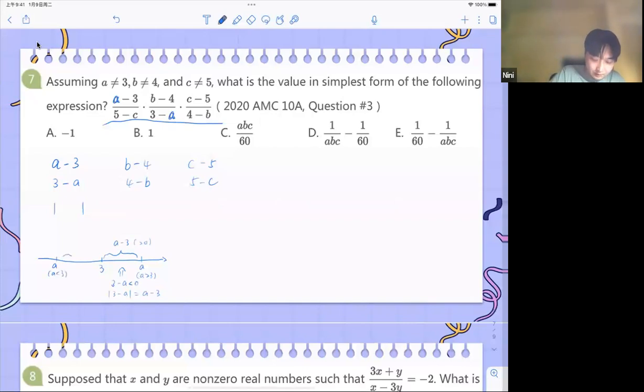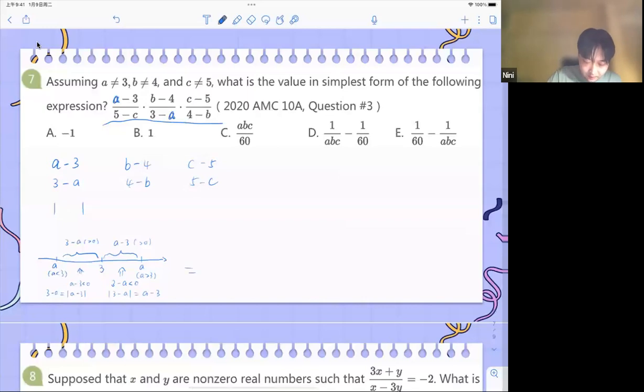So you can see this distance would be 3 minus A, which is here larger than 0. But if we write it down as A minus 3 in this situation here, we still need to add an absolute value, right? So for this situation, we know that these parts are equal to each other.